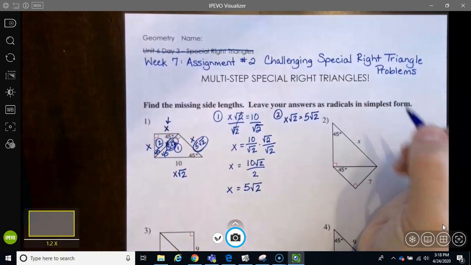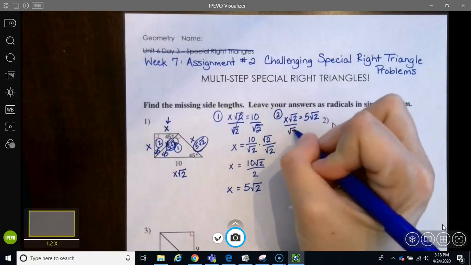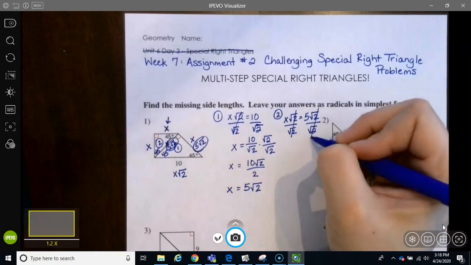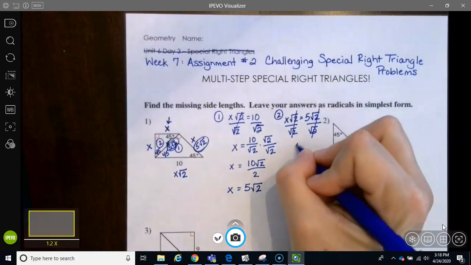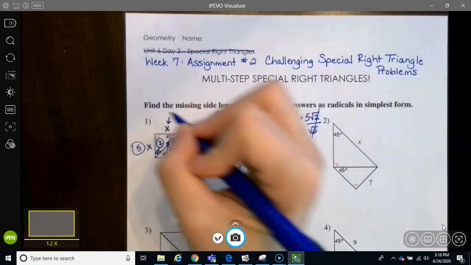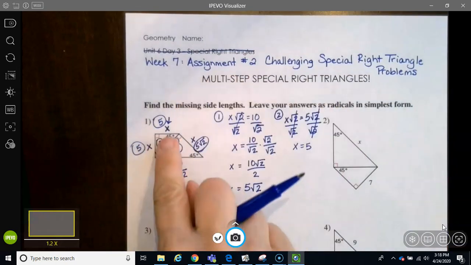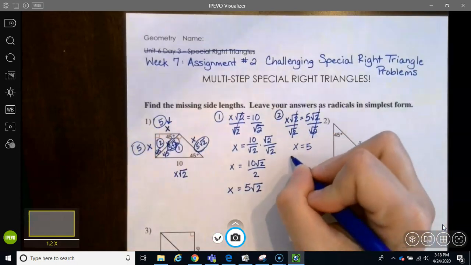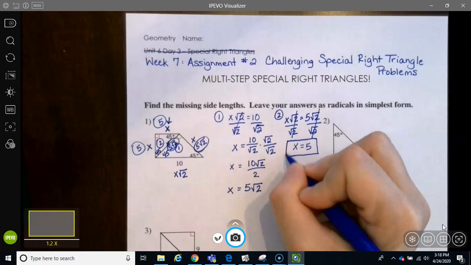And then to get X by itself, divide by square root of 2. My square roots of 2 cancel out on both sides, and I'm left with X equals 5. So that means this side is 5, and this side is 5. And this is the side that they were wanting us to find. So our final answer for that is X equals 5.